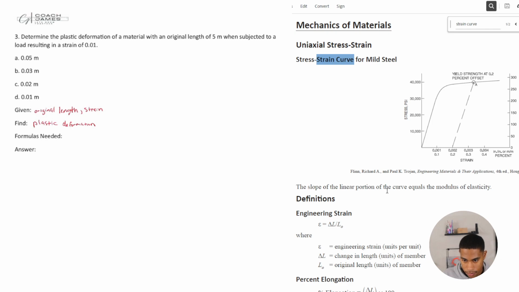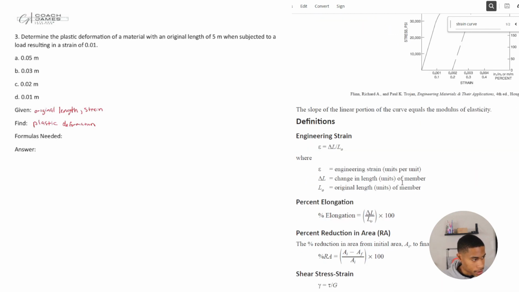We're given the original length, and I was just scrolling through. This looks like where I need to be. We're given the strain, right? The strain is this E here. So we're given E, the strain, which is 0.01.